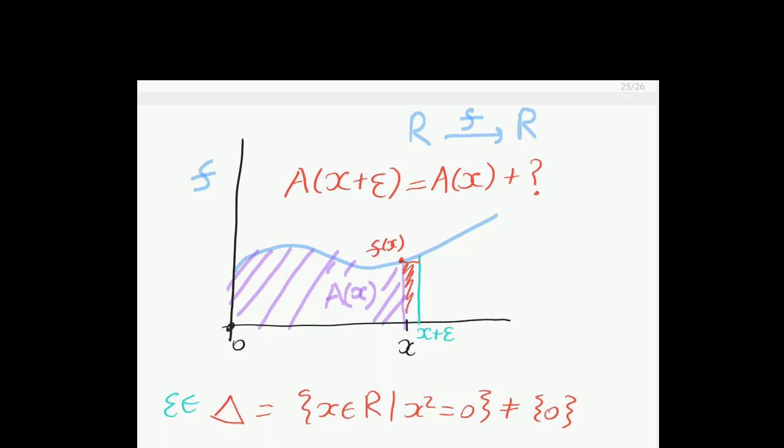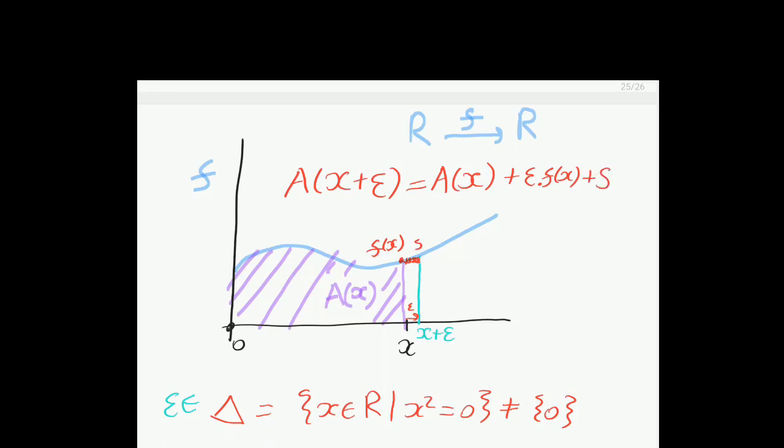Now, the area of this rectangle is easy to calculate. That area is going to be epsilon, which is the width of it, times f of x, which is the height. So we're going to have that area, and then we've also got this other little area here, which I will call S, okay?